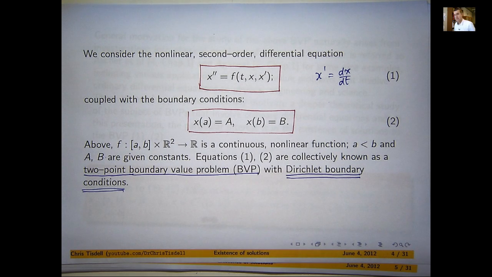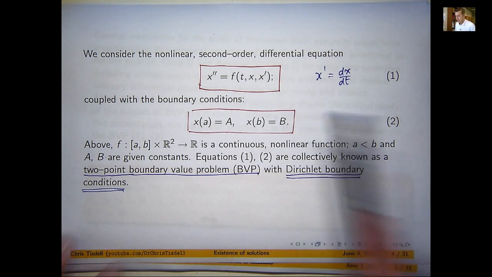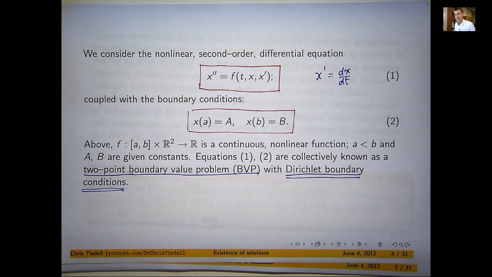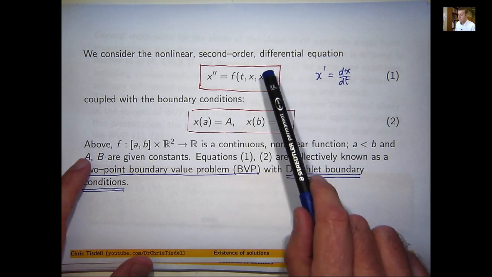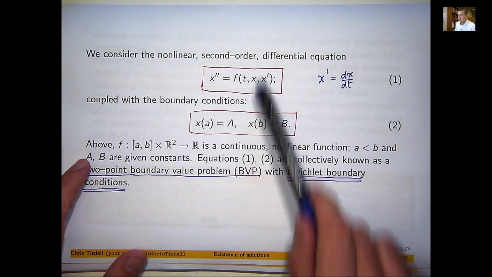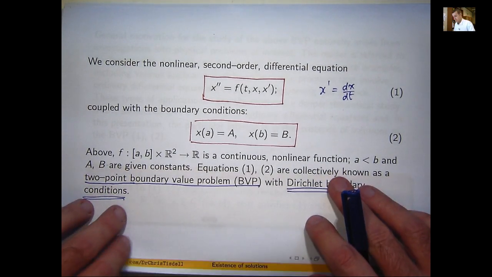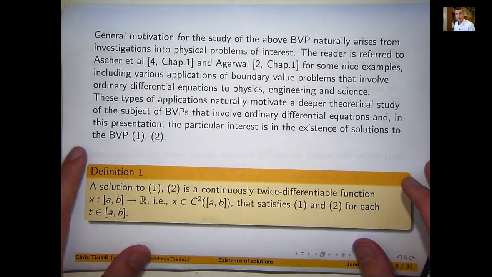Now in the next section we'll look at so-called a priori bounds on the first derivative of potential solutions to this problem, and then we'll go on and actually present some ideas which give sufficient conditions under which these problems have a solution. Okay, well the question is, why would you want to do that?